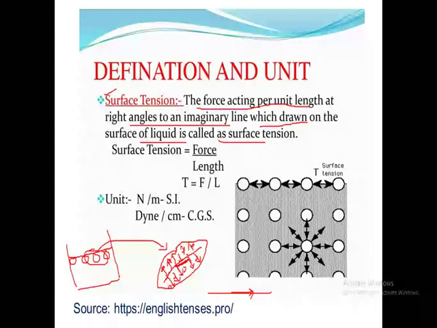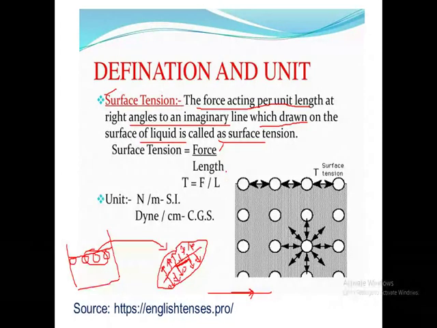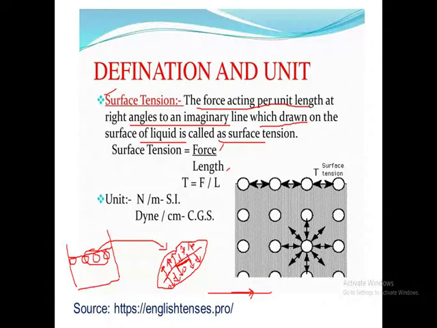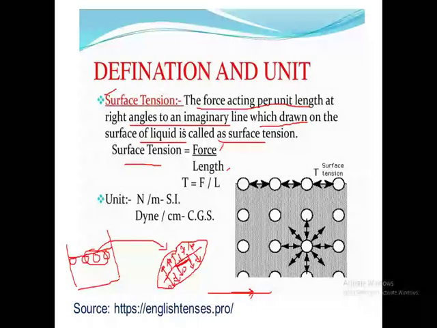This is the force per unit length. The force acting on 1 meter of the surface is what we call surface tension. So we say the force acting per unit length at right angles to an imaginary line drawn on the surface of a liquid is known as surface tension.